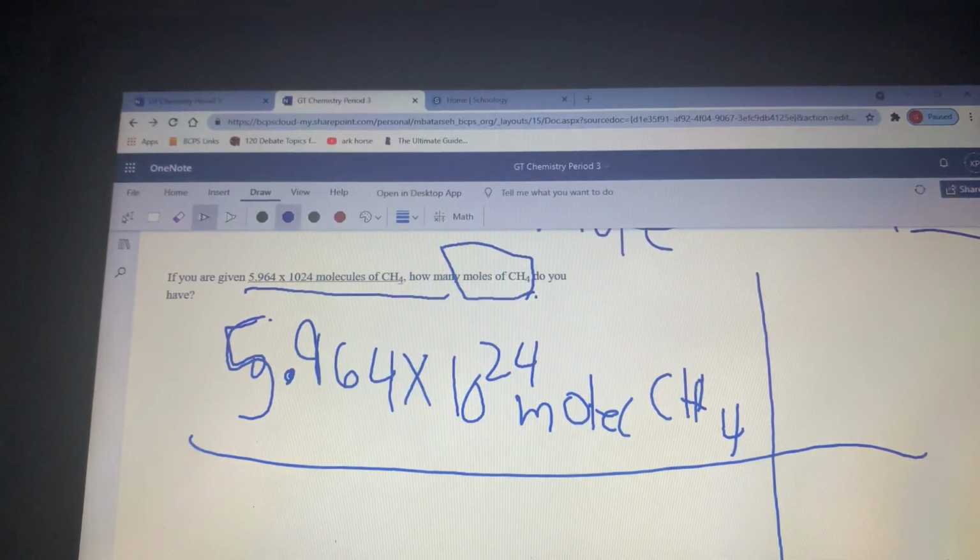Okay, so we want to know how many moles. So if we want to know how many moles in a certain number of molecules, we have to multiply by moles per molecule, because it's saying how many moles is this. So we have to find a way to convert to moles. If we want to convert to moles, we know we have to multiply by moles over molecules to cancel out, because we have molecules, and moles per molecule gets moles.